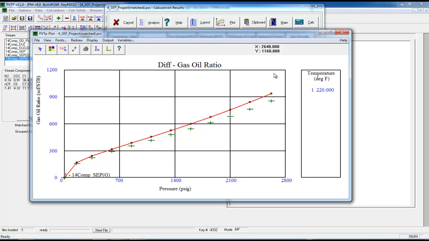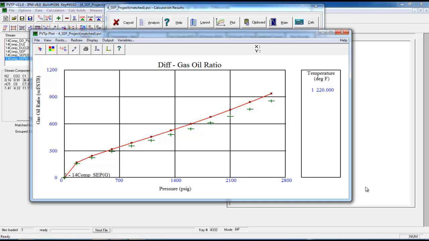If your average absolute error is more than 5%, then this is not acceptable. In general, this GOR, you know from the graph, it's not okay. When you calculate average absolute error, it will be more than 5%. So that's not acceptable. You will need to repeat matching.